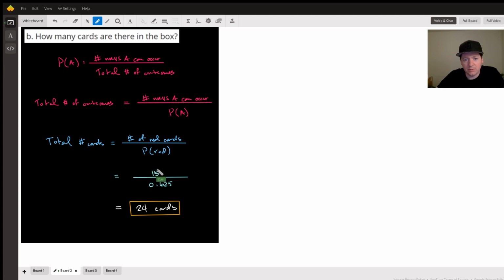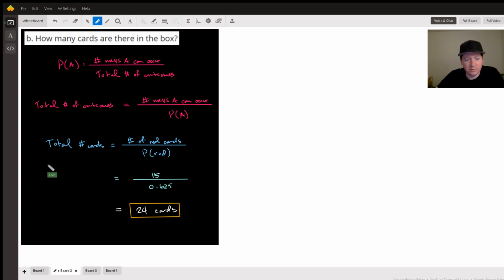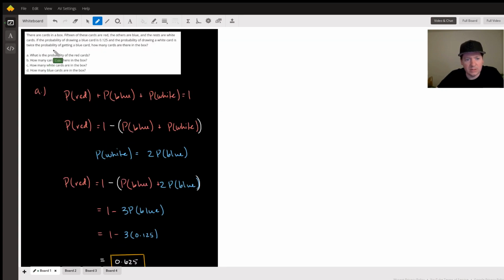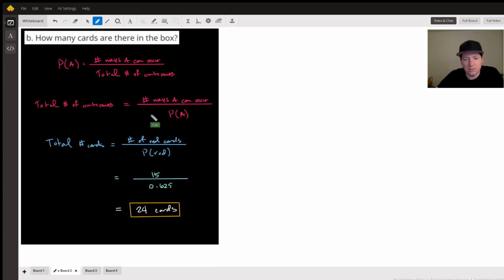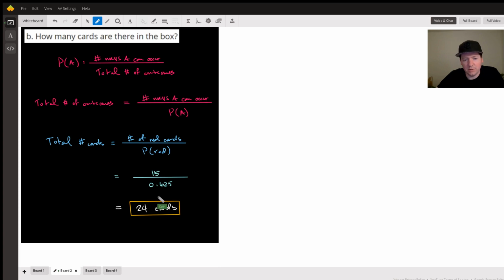And so the total number of red cards, by the way, was given in the problem. It says there are 15 red cards. So we simply put 15 in for the number of red cards, divide by the probability of red, which we calculated already, which is 0.625. And if you do that calculation, you get that there are 24 cards in the deck.